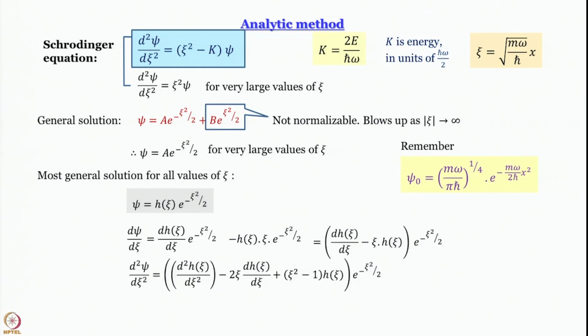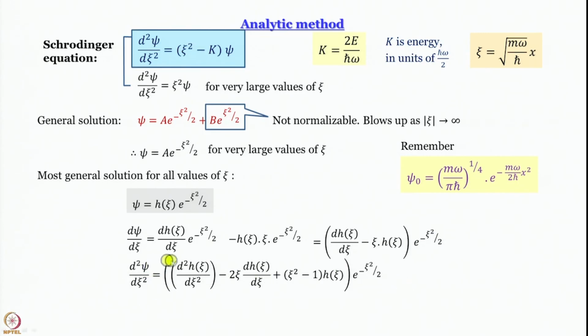What is the next step? The next step is to first write it a little cleanly. Let us take e to the power minus xi square by 2 common and then we differentiate once again. I am not doing this step explicitly, I leave it for you to do it.